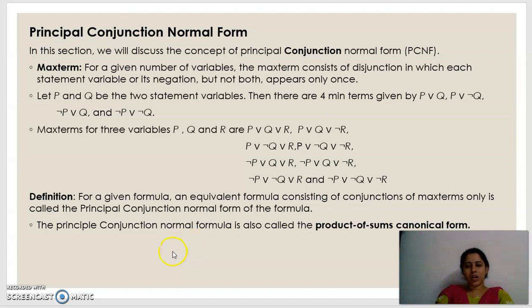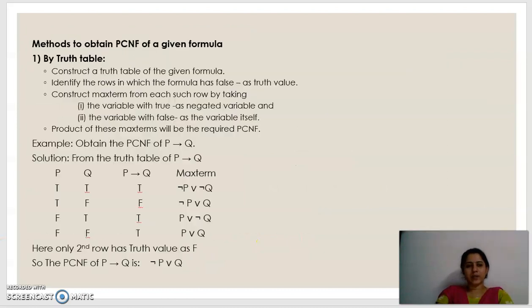We also call principal conjunction normal form the product of sums canonical form. So product of sums: outside the bracket we have AND and inside the bracket we have OR. To that form we have to convert the given statement.